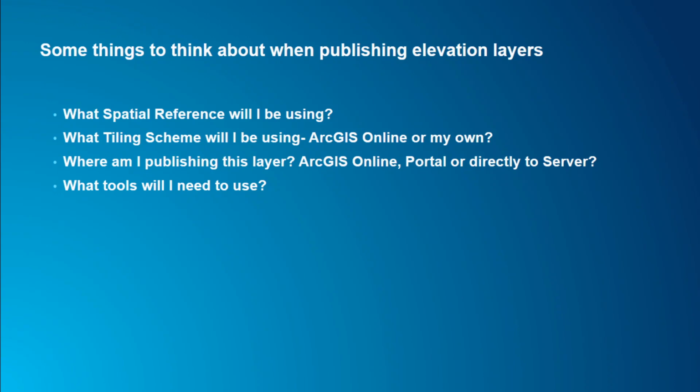And also, where are you publishing this content? Is it going to go to ArcGIS Online? So in that case, you'll just be uploading a tile package that contains your LERC tiles, which are essentially what makes up the elevation layer.